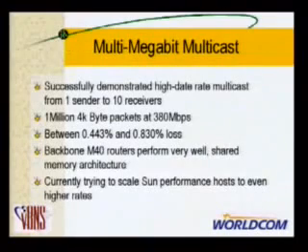So the extension of this is we've now done this at fairly high data rates, from 1 sender to 10 receivers, sent 1,000,000 4K byte packets at just under 400 megabits per second. And this was really just a proof of concept. I think if multicast is going to have any practical application in, say, the arena of video delivery and things like this, they need to be able to have very high performance.